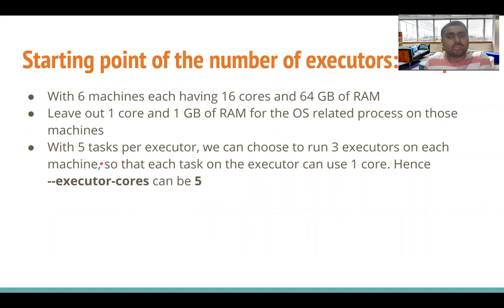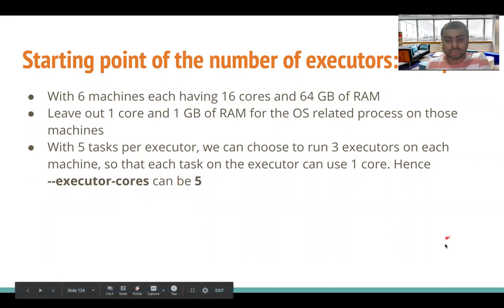And as a recommendation, we have to use something like 4 to 5 tasks per executor. Let's start by thinking about 5 tasks per executor, so we choose the executor cores to be 5. Now we can run 3 executors on a machine. Well, how does this calculation work?